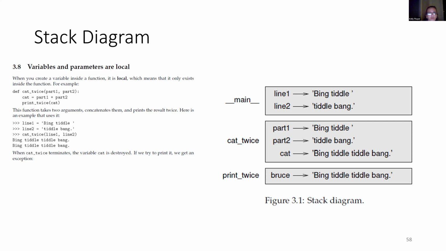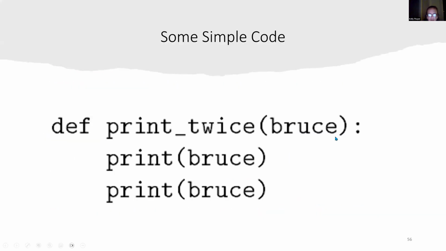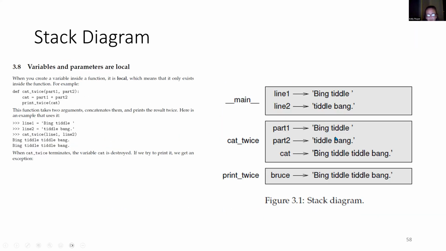It's the input parameter, if you remember from this right here. And so this is our stack diagram. This is distinct from the variable table because it separates out the various areas or scopes of our variables. We have the scope inside print twice, the scope inside cat twice, and main.